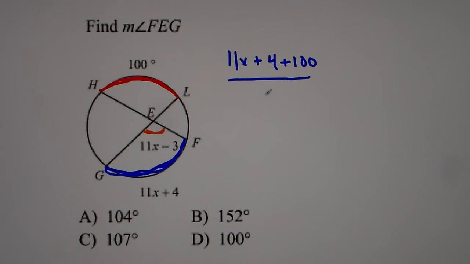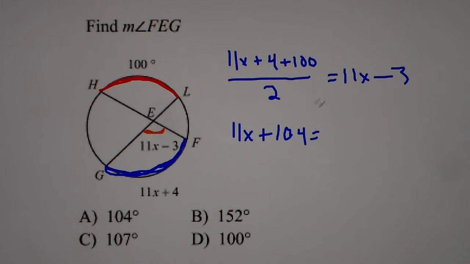That whole entire thing divided by 2 is equal to 11x minus 3. We combine like terms up top and multiply by 2. So when we combine like terms up top, you get 11x plus 104. Then we're multiplying both sides by 2. So that divide by 2 cancels out, and we double everything over here. So we get 22x minus 6.